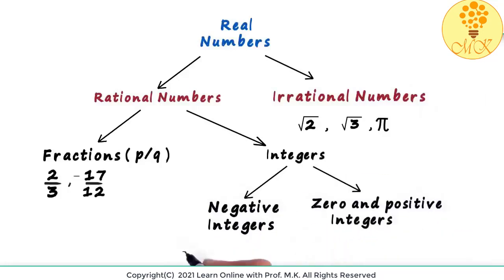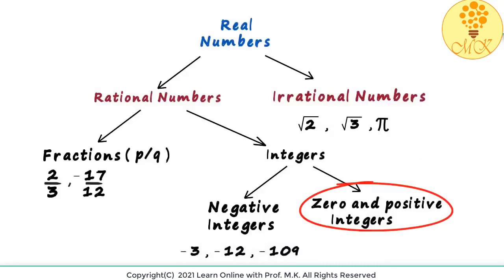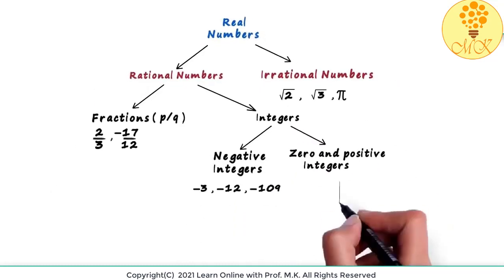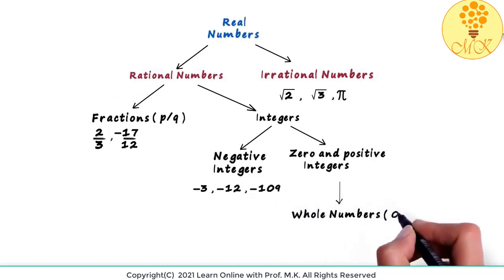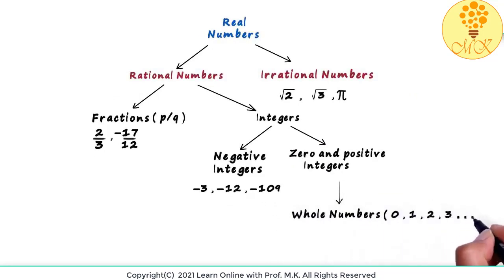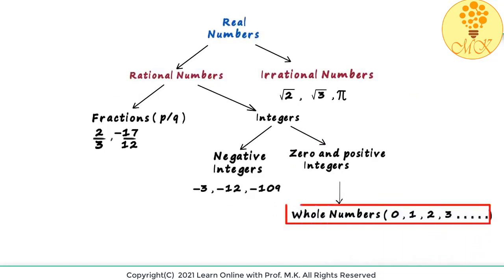Negative integers are like minus 3, minus 12, minus 109, etc. 0 and positive integers are called whole numbers, which start off with 0 and go on to infinity. So whole numbers include all positive integers along with 0. And these positive integers also have a special name.